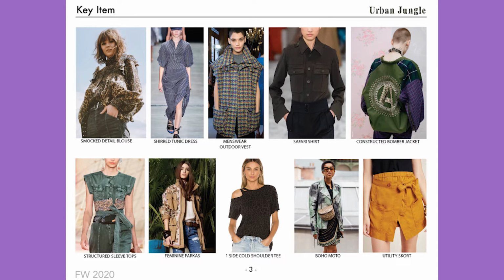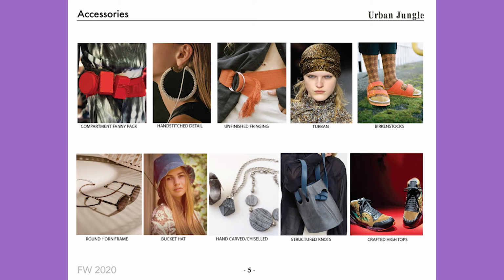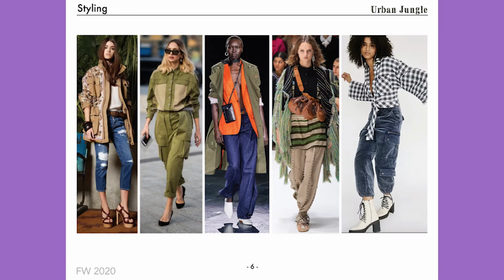You might include accessories or silhouettes that can be divided into several categories such as denim, wovens, knits, dresses, and such. You can also include textile, color, prints, footwear, and styling looks that pertain to that specific direction and theme, as well as a little blurb to talk about the mood that you're showing.